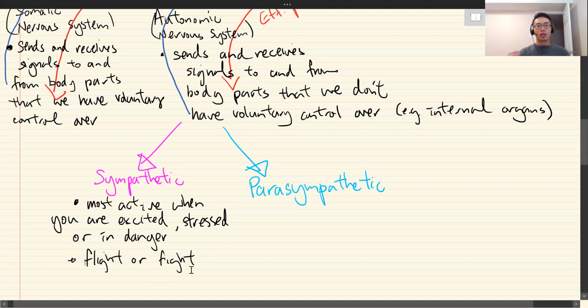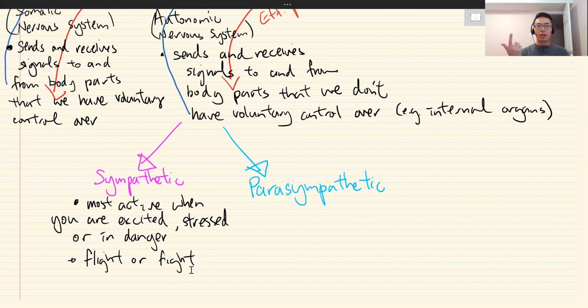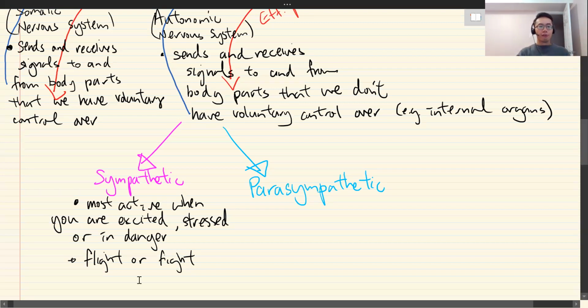That would increase your heart rate, increase your breathing rate, and dilate your pupils so you see more clearly. And at those instances, it's not time to think about digestion, so it will suppress the digestive system, suppress your urinary system, and focus on diverting energy and resources for fighting or running away. So that's the sympathetic system.